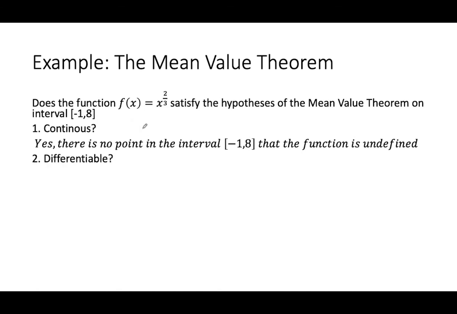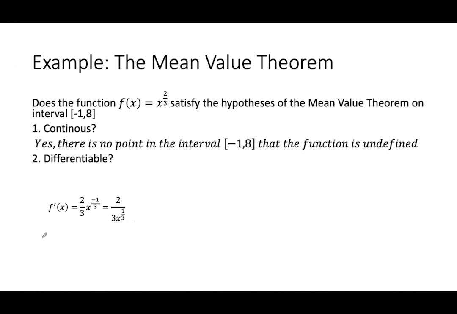And is it differentiable? Let's find its derivative. Its derivative will be 2 over 3 times x to the power -1 over 3, and the -1 will be written in the denominator without the negative sign. As we know, we cannot have 0 in the denominator.